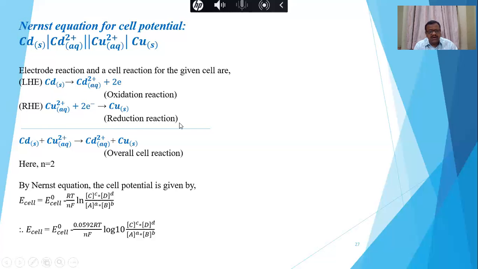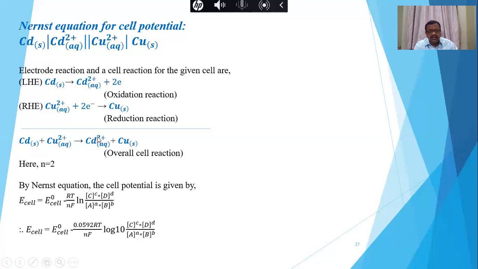So this is a reduction reaction. The overall reaction taking place is Cd + Cu²⁺ gives Cd²⁺ + Cu. This is the overall reaction.